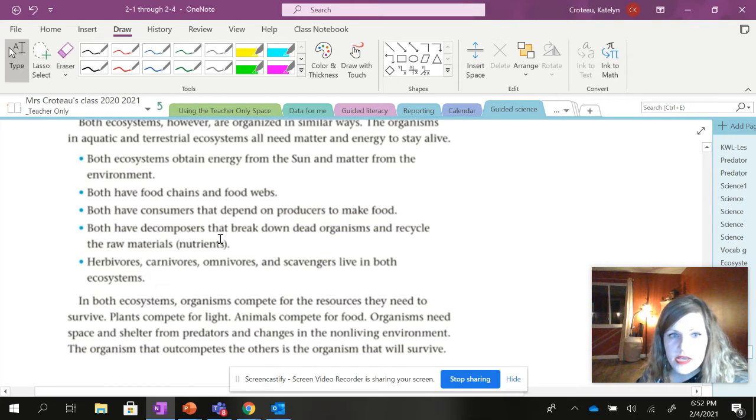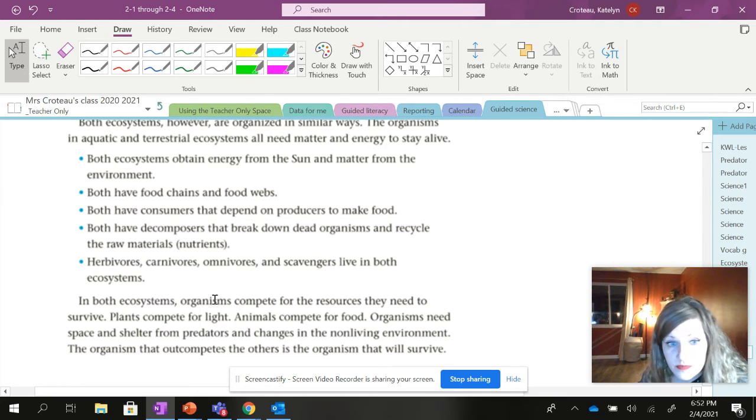So the animals that go after the dead animals or the bugs that go after dead things and kind of like clean up. They're like the vacuums of the ecosystem. Herbivores, only plant eaters. Carnivores, only meat. And omnivores, they eat both. And scavengers live in both ecosystems.